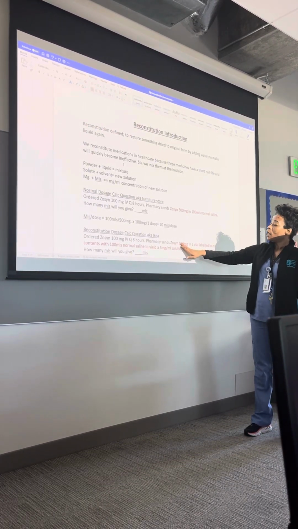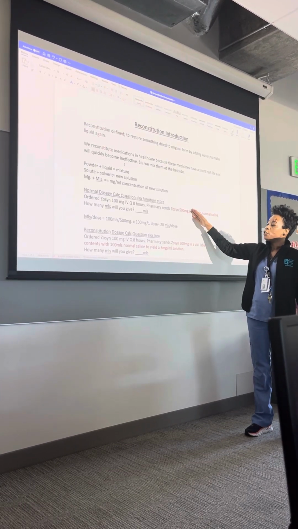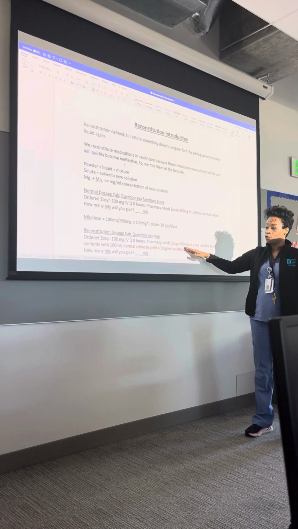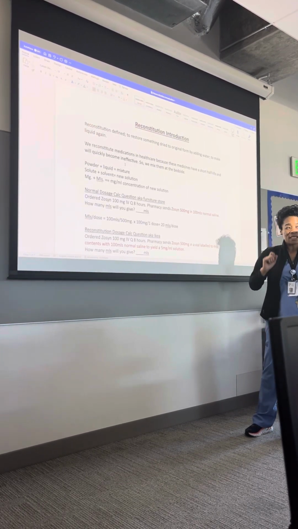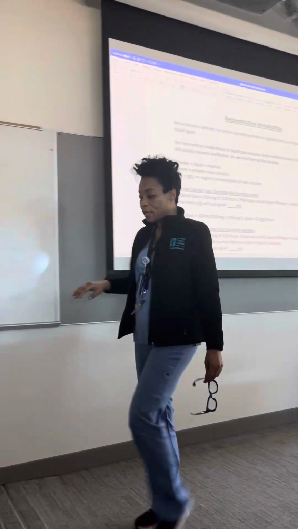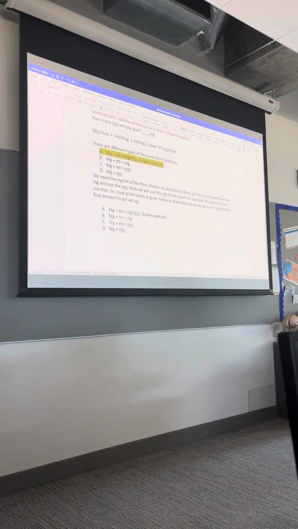So what I highlighted in red is the difference between a normal question and a reconstitution question. The key for reconstitution is knowing what to ignore. So I'm gonna move this information up, and I will absolutely let you take pictures in a little bit.